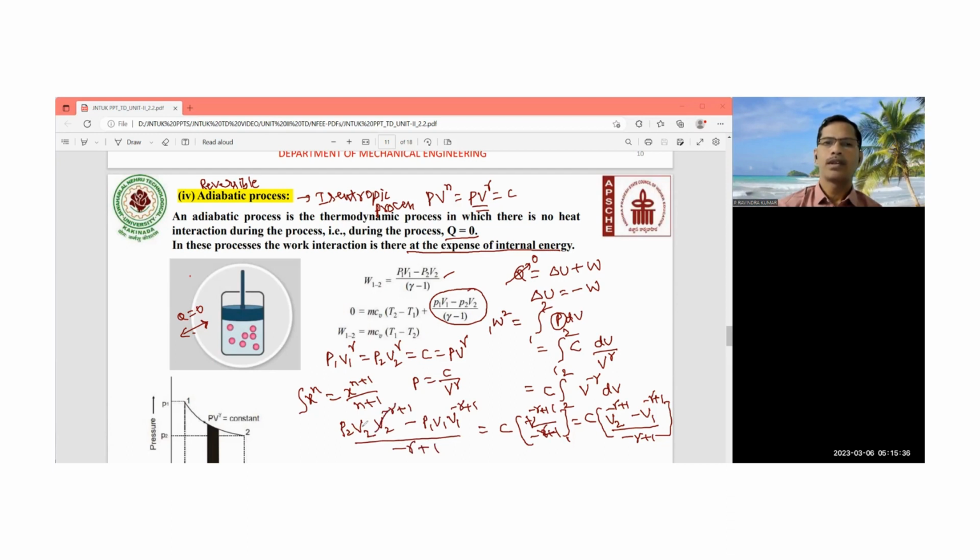So this is cancelling, this is also gamma, because it is P1 V1 to the power of gamma. So this is getting cancelled and this is also getting cancelled. So finally you could get P2 V2 minus P1 V1 divided by minus gamma plus 1.